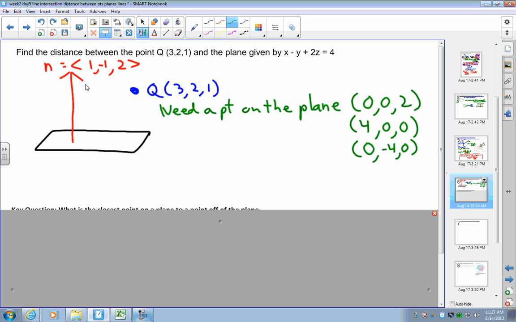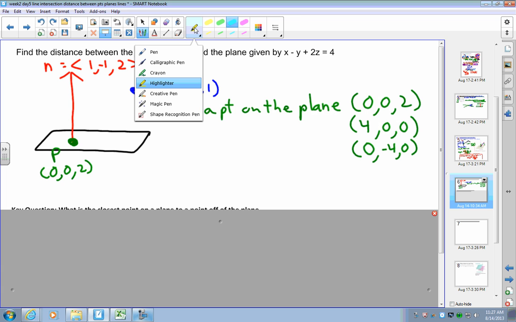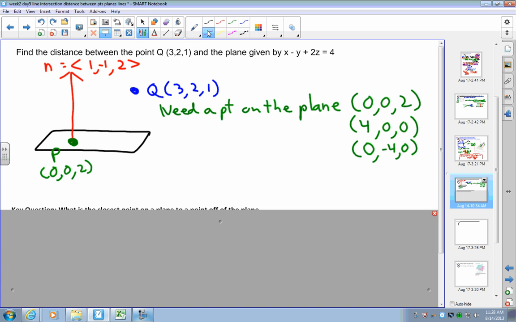So I'm going to do the 0, 0, 2, and I'm going to call that my P, and that is 0, 0, 2. And with that, then, I have enough to get my PQ. So my PQ vector would be 3, 2, negative 1.